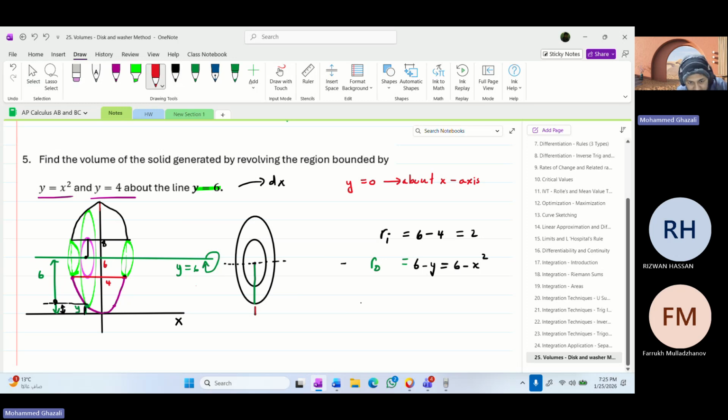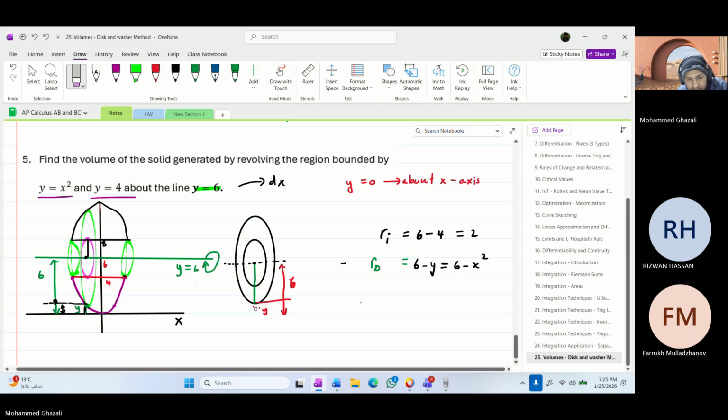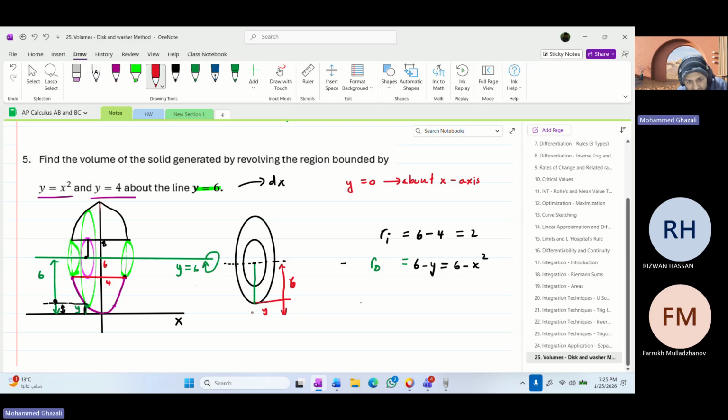The distance from here to there is y, and this entire distance from there to there is 6. So I want the outer radius. The outer radius will be 6 minus y, which is 6 minus x squared.